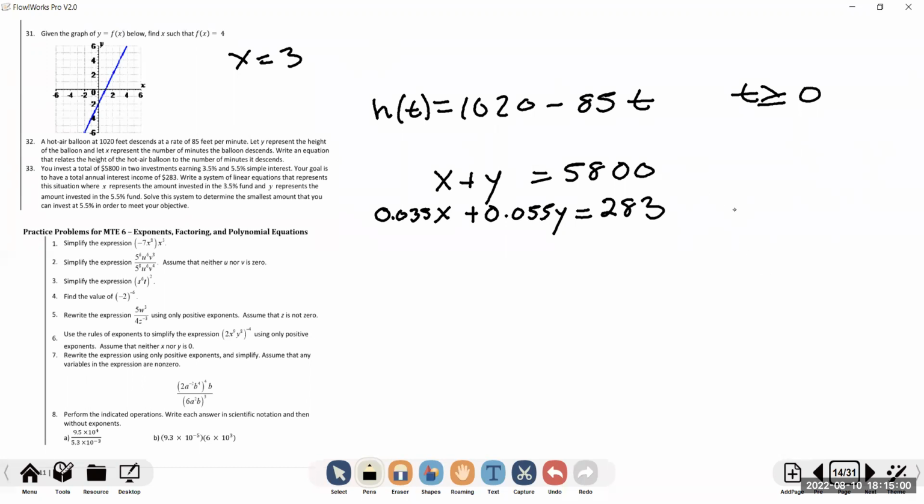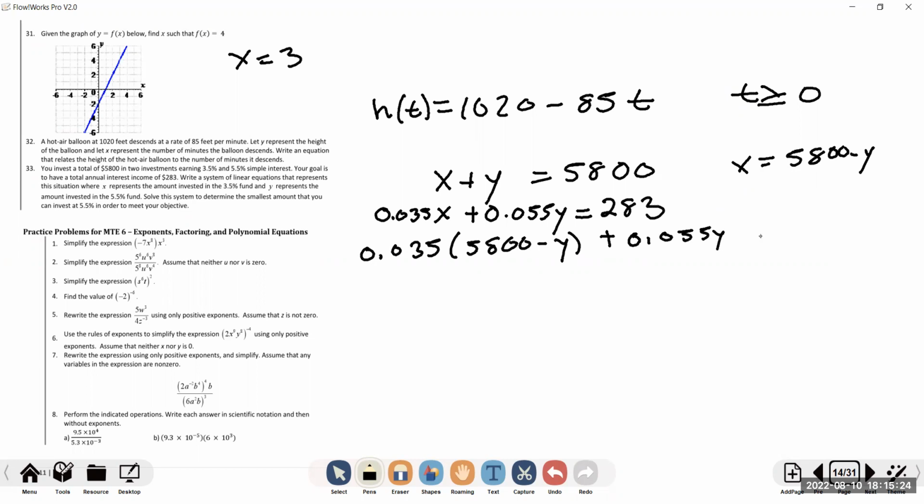So let's solve for X. X is equal to 5,800 minus Y. So when I do that, 0.035 times (5,800 minus Y) plus 0.055Y is equal to 283.